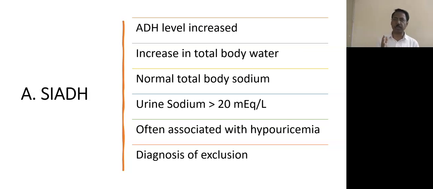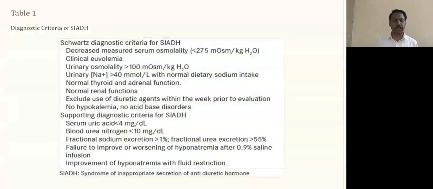This is something that will help you differentiate between euvolemic and hypovolemic, and one of those conditions is cerebral salt wasting syndrome, where hypouricemia can help you differentiate between these. SIADH, again, you have to remember it's a diagnosis of exclusion. You have to rule out certain conditions, and there are some criteria that have been given: the Schwartz diagnostic criteria for SIADH.